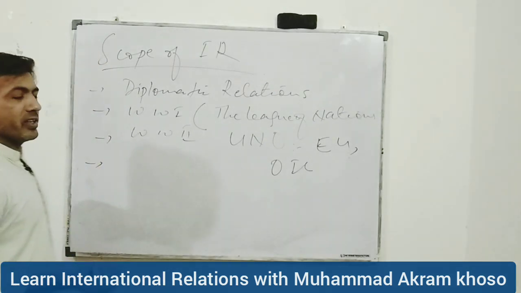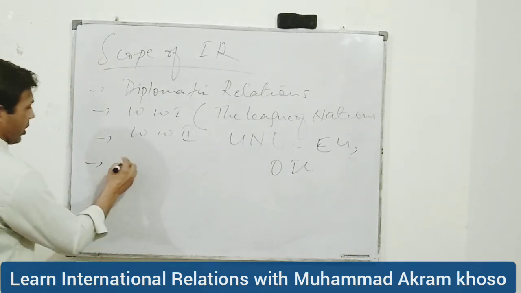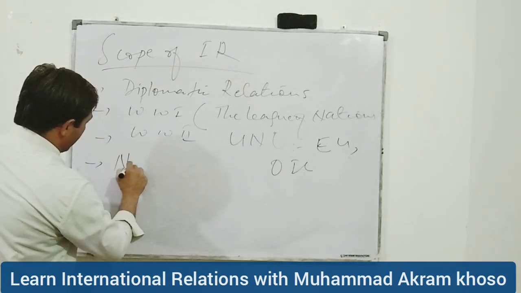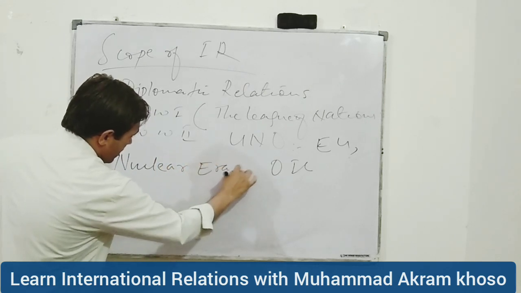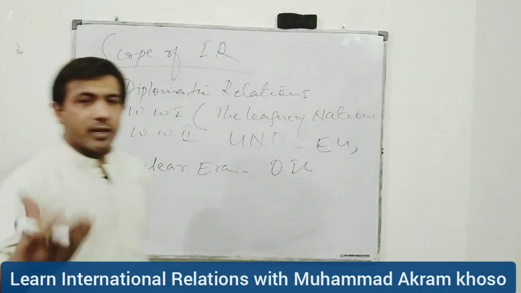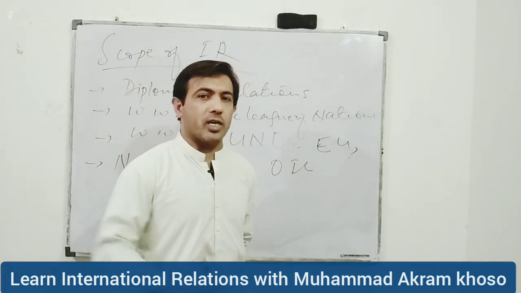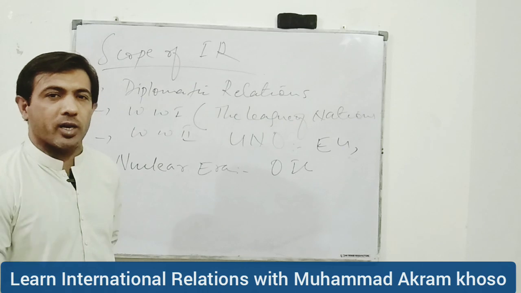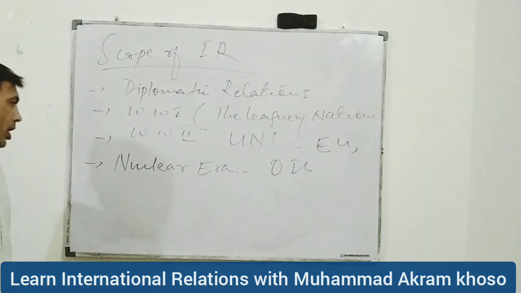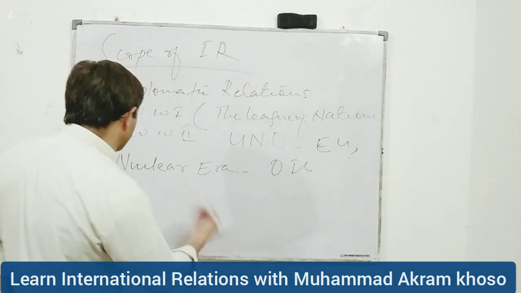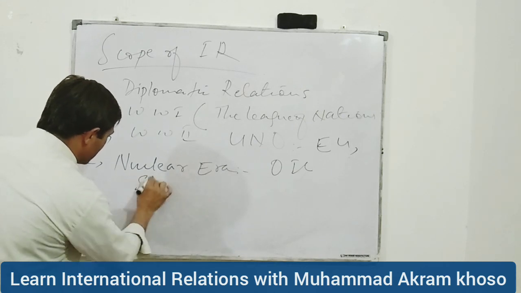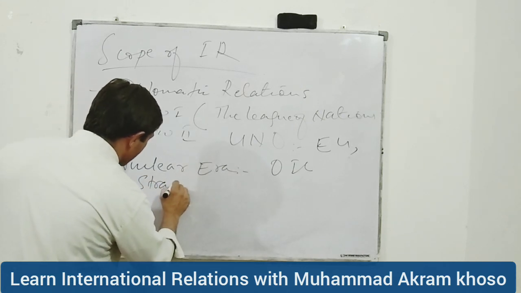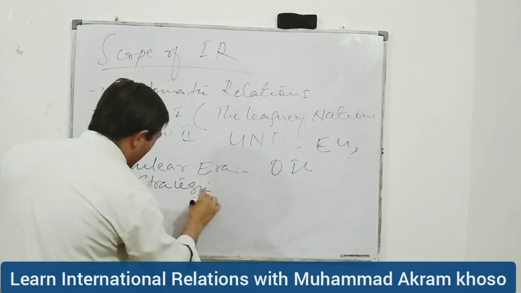Now, what happened after the Second World War? We got the nuclear era. A race regarding nuclear weapons emerged after the Second World War when the USA dropped atom bombs on Japan, on Hiroshima and Nagasaki. So this simply means IR also covers your nuclear era, your military, your strategic behavior, strategic study.